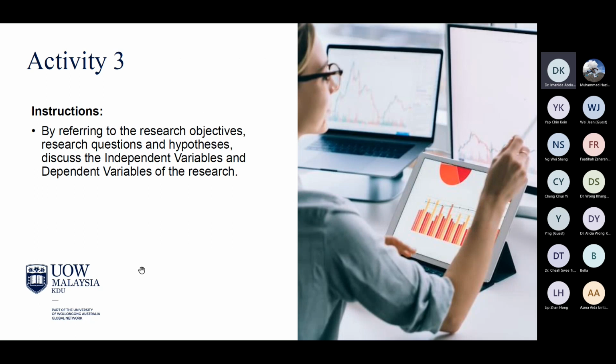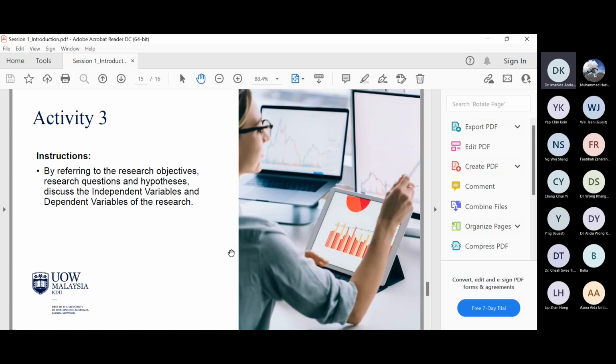As I mentioned earlier, for the last activity of the first session today, by referring to the research objective, research question and hypothesis, discuss the independent variable and dependent variable of the research that you have earlier. Now I will open back the Padlet and let us see.